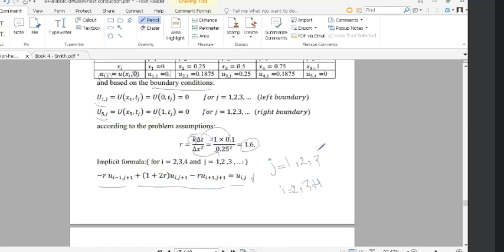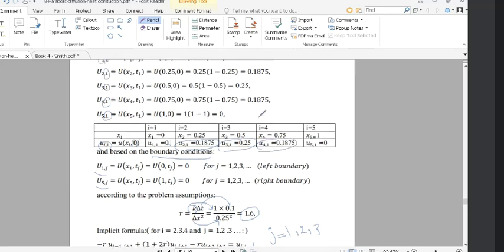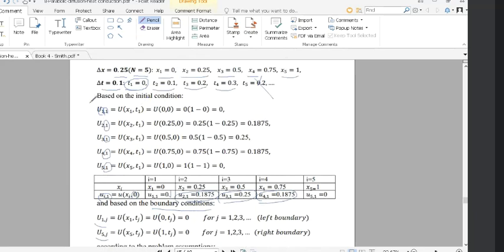Look at the table. In this table you can see U2,1 is 0.1875, and for U3,1 and U4,1 we have the values. They are computed based on the initial condition.